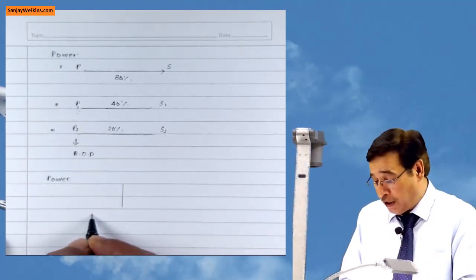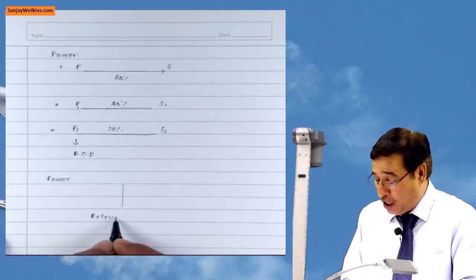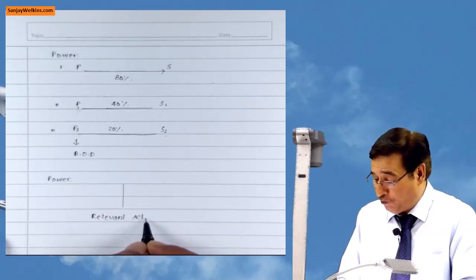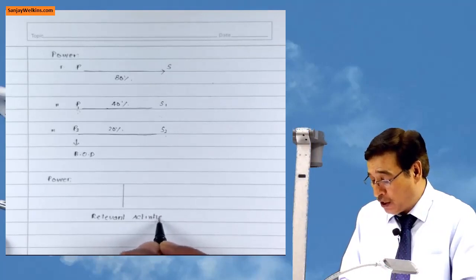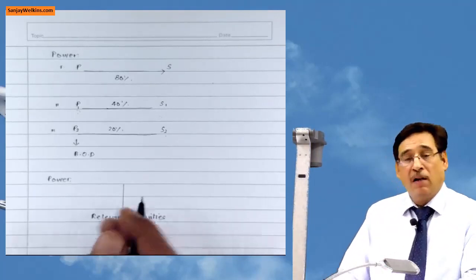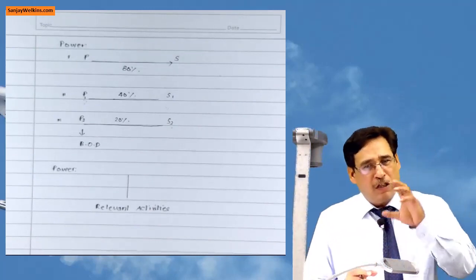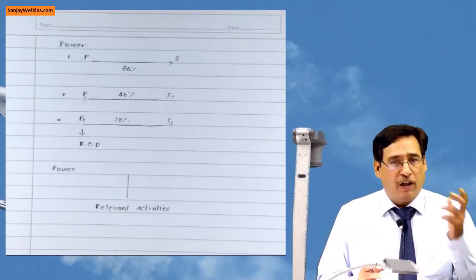Relevant activities. Then only it will be considered that you are in control. This term, relevant activities, itself unfolds its meaning. Do I need to actually express it? Relevant itself means significant activities, which are the crux of the earnings.